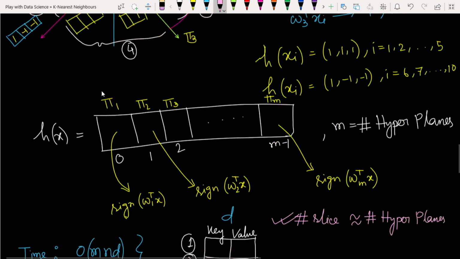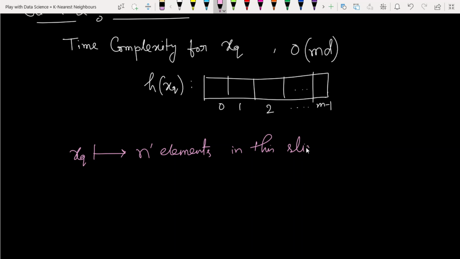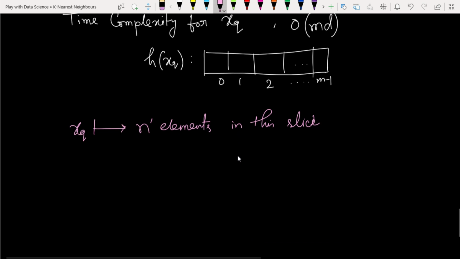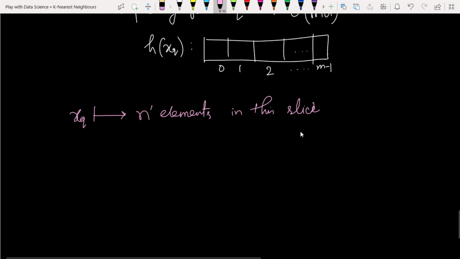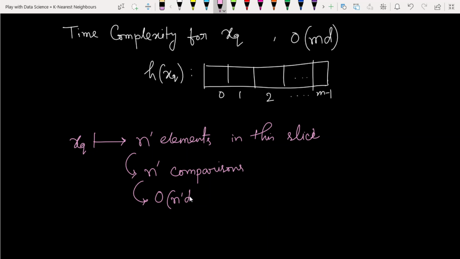If we have given xq as a query point and n dash elements in this slice, then we have to make n dash comparisons, and for these comparisons we require order of n dash d time.